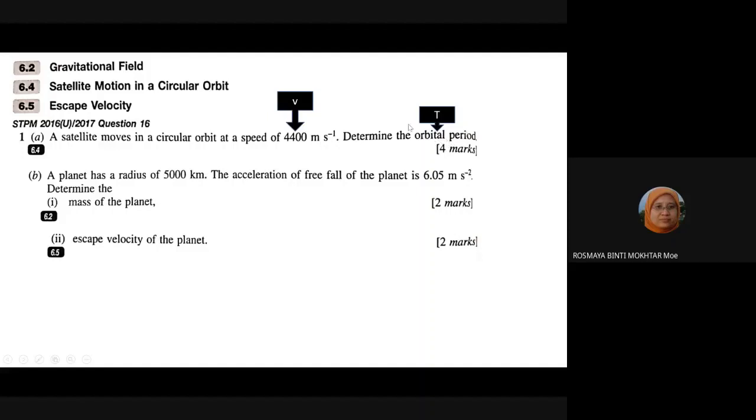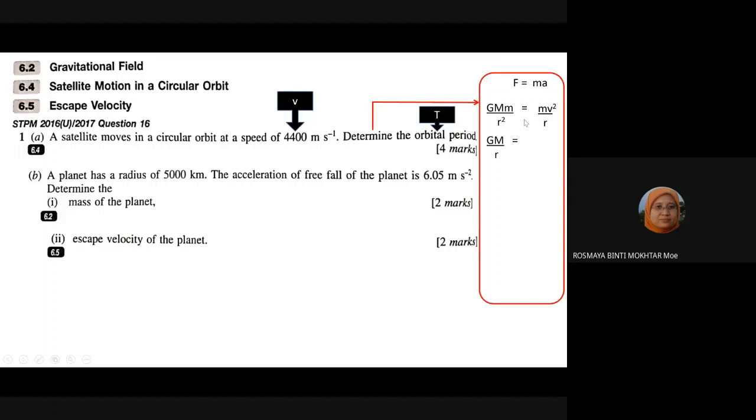From the beginning, from F equals ma, the F here is the centripetal force, and the centripetal force is provided by the gravitational force. So it's GMm per r squared. And then for the centripetal force equation, we choose mv squared per r because v is given. So we cannot choose mv omega or mr omega squared. So we choose mv squared per r.